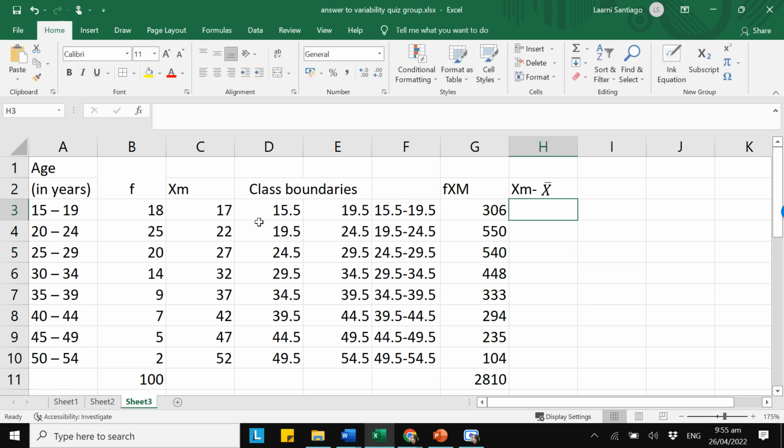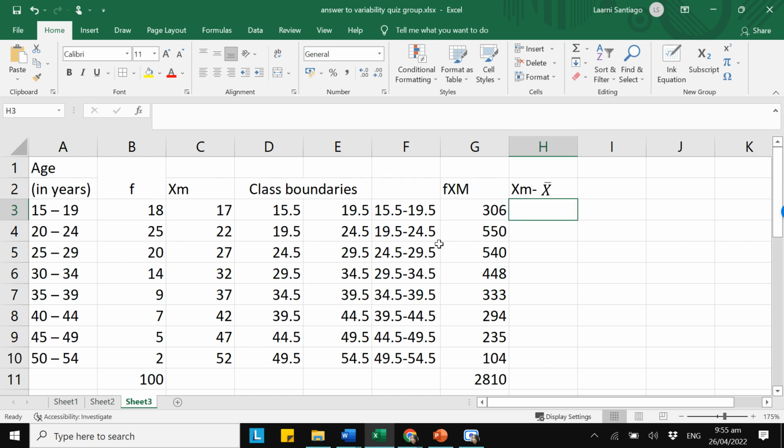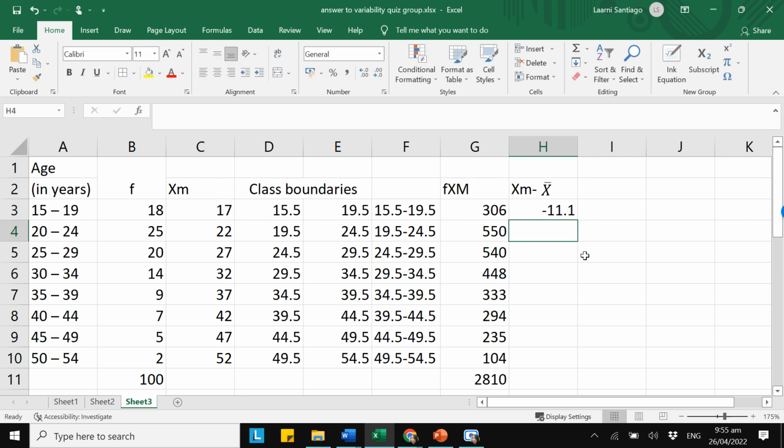Okay. So, subtract lang naman natin. Since na-reference natin to, kunin natin si mean. Pero unahin muna natin to kasi sa order of the equation, si x of m muna. So, x of m, so lagay muna tayo na x equals dito. So, equal 17 minus si mean na nandito. Now, take note na fix si mean. So, lagyan nyo lang ng dollar sign before the letter and before the number para naka-fix siya. Yan. Okay, so that's why it's a negative value.